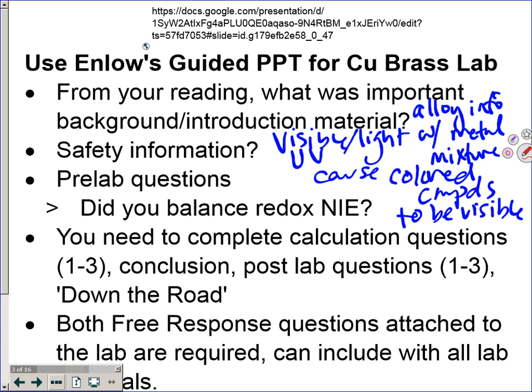And in our lab, what's our colored compound? Say again? What's the colored compound that we're utilizing? Copper, right? Copper 2. What color is that? Copper 2 is blue. Thank you.